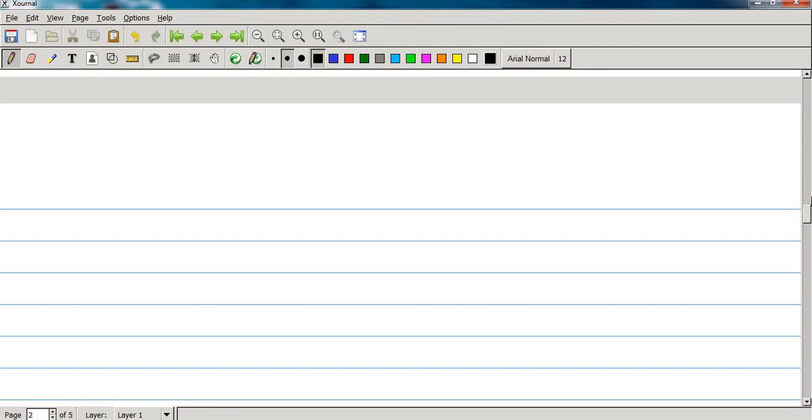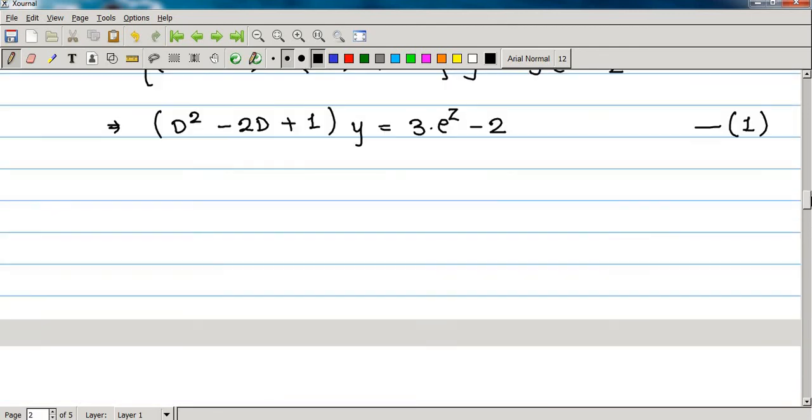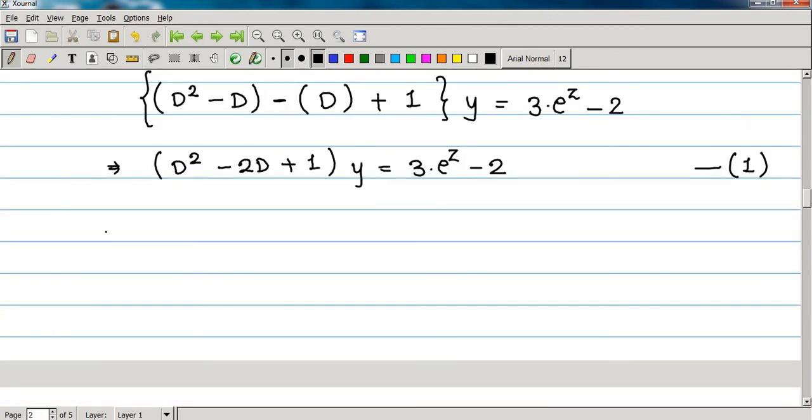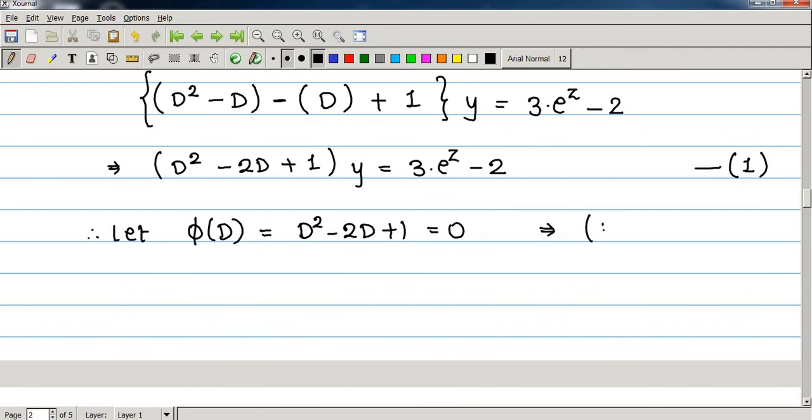Since it is a linear differential equation with constant coefficients, we can consider the auxiliary equation here. It is equal to D square minus 2D plus 1 equal to 0, that is nothing but D minus 1 bracket square equal to 0. So we got real but repeated roots, that is D equal to 1.